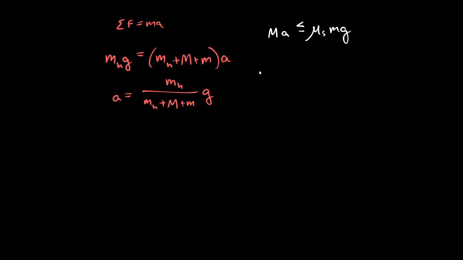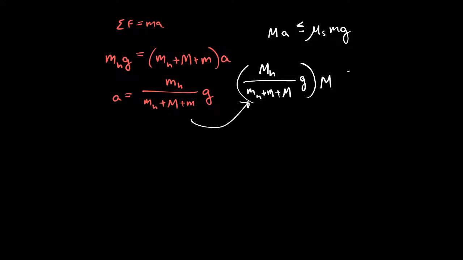So I'm going to get big M over MH plus M plus big M G times, no, that's going to be MH. What am I doing? There, times, and this is MH there. That's all A, right? Times big M less than or equal to mu S M G.